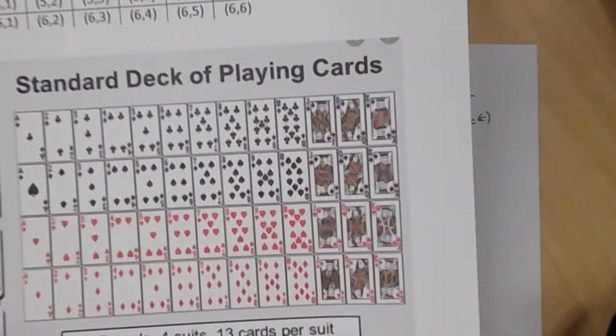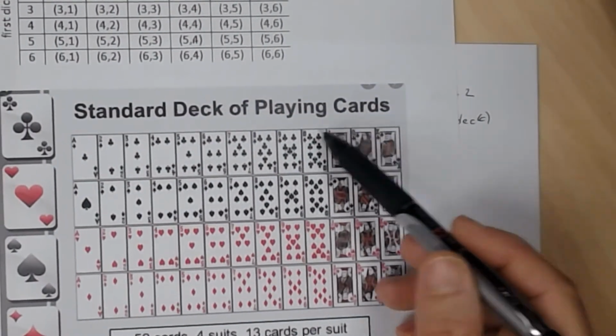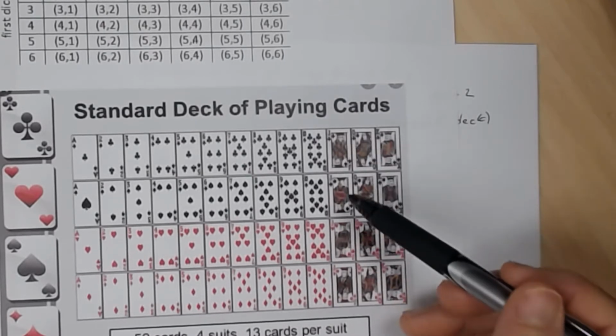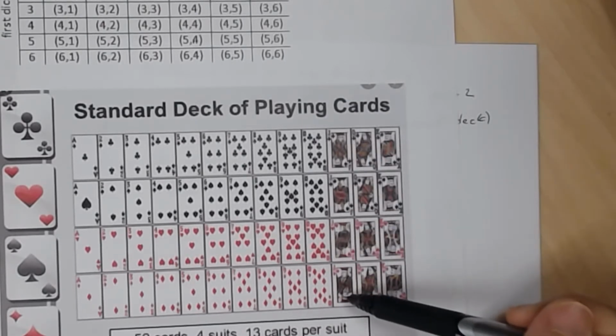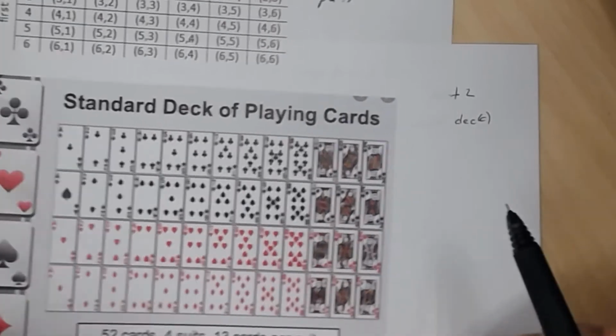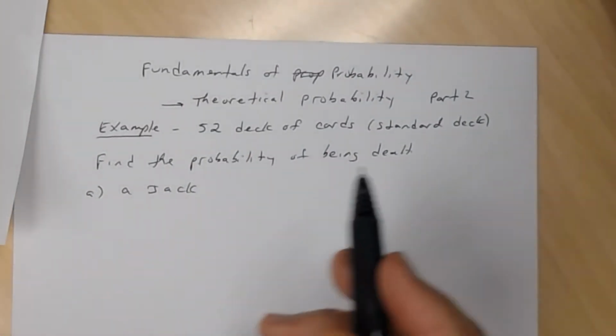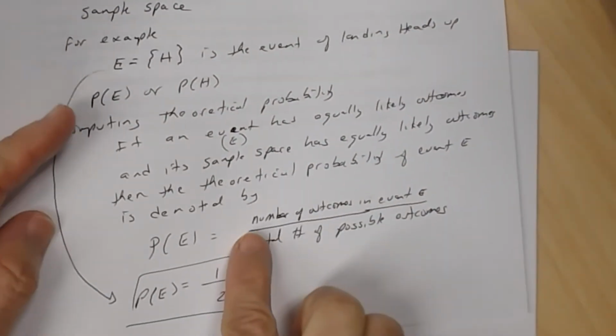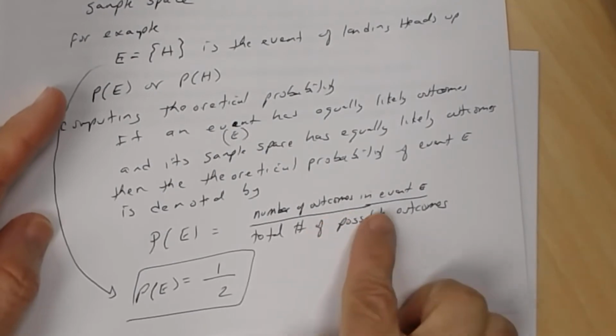So in this sample space, how many jacks are there? There's 1, 2, 3, 4, right? Out of 52. So remember, the definition of theoretical probability is the number of outcomes in the event.